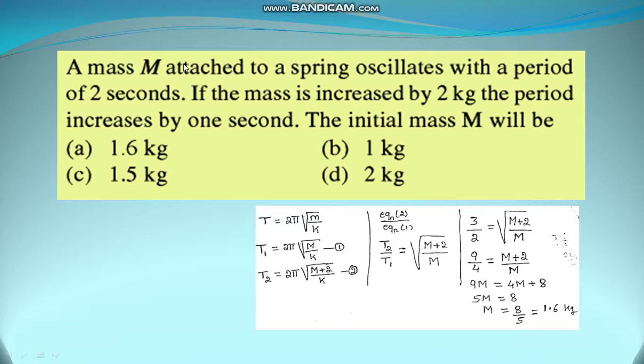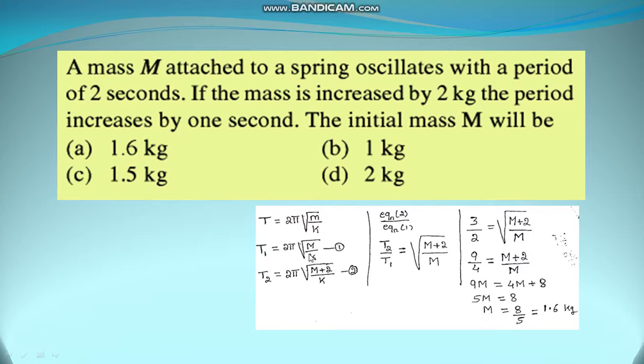In first case, time period is equal to 2 pi square root of m by k. Second case, what is given there? Mass is increased by 2 kg. So, second case, 2 pi square root of m plus 2 by k. We have to calculate m.